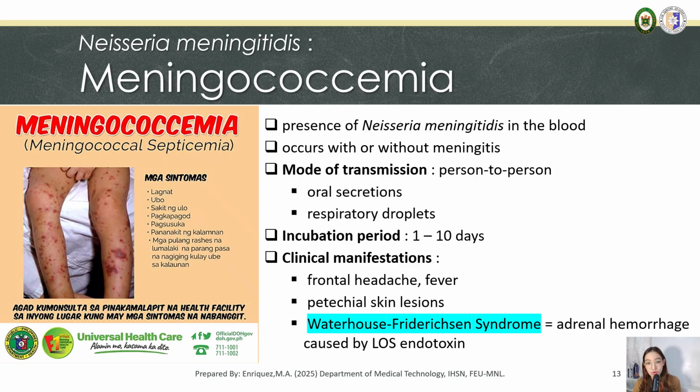In a few hosts, the bacteria gains access to the bloodstream and potentially the central nervous system, resulting in meningitis, sepsis, or both. So, meningococcemia or sepsis may occur with or without meningitis. Okay, just because there is "meningo" in the name meningococcemia does not automatically mean the patient has meningitis. It doesn't work like that.